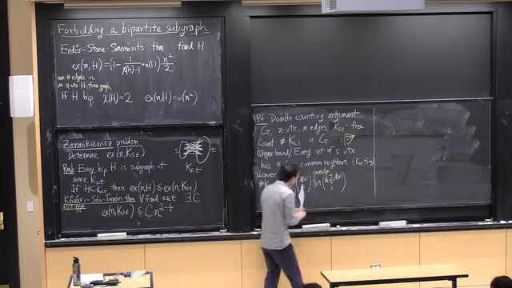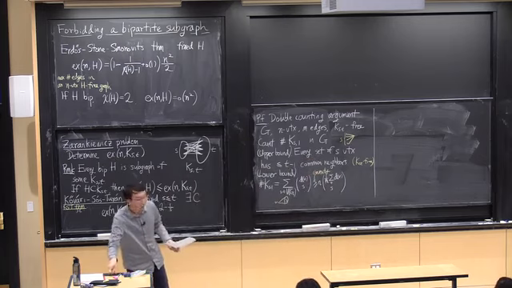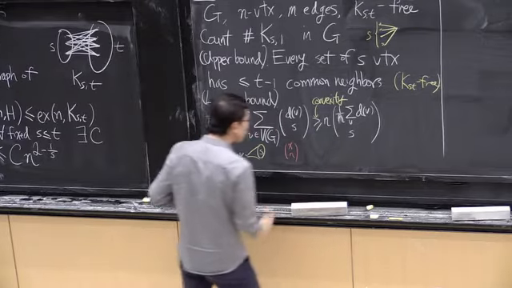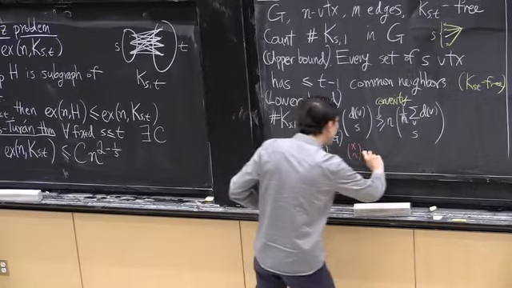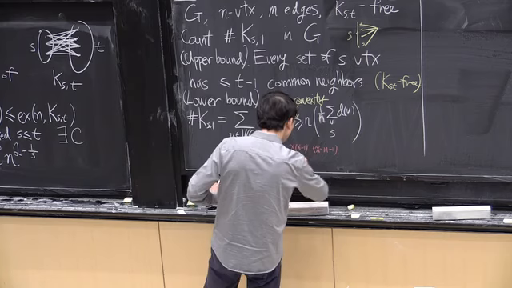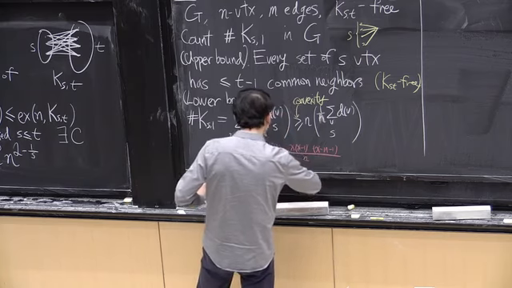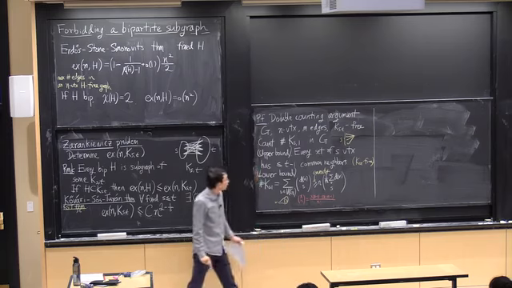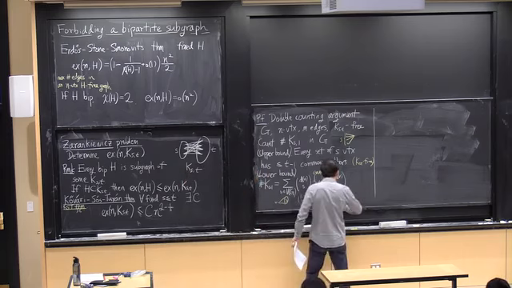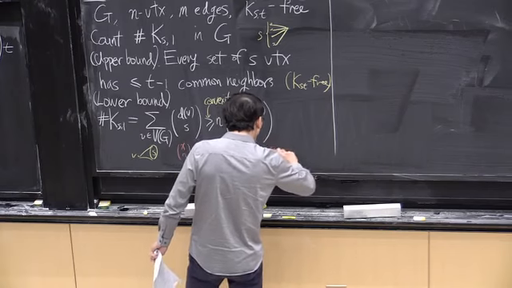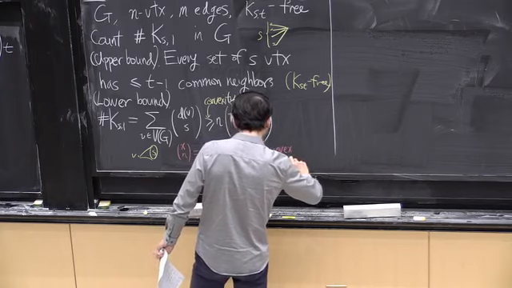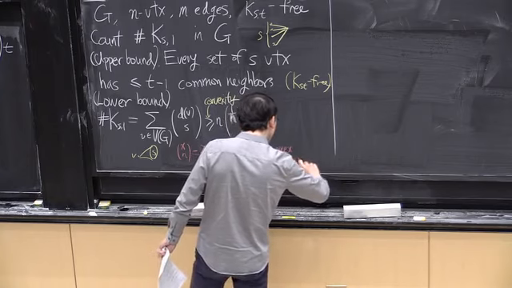Here, I'm abusing notation somewhat and writing binomial coefficients with a real entry on top, where I mean the expression, as you would expect, treating this as a polynomial in x. The key fact we're using is that this function is convex for x at least s minus 1.